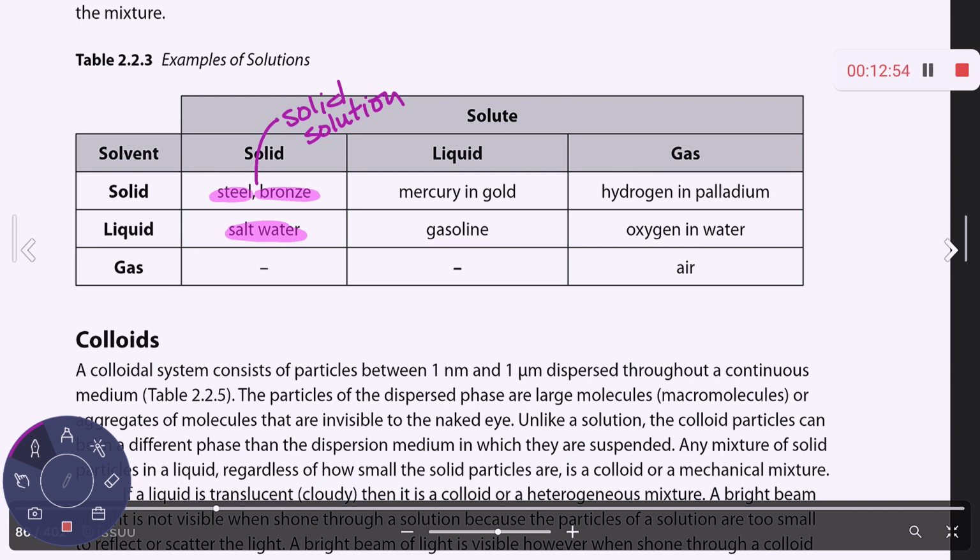Another example would be something like stainless steel. Okay. Gasoline is an example of a liquid solution. Technically, gasoline is a mixture of different hydrocarbons. And then air is the most common gaseous solution. Air looks the same. Okay.